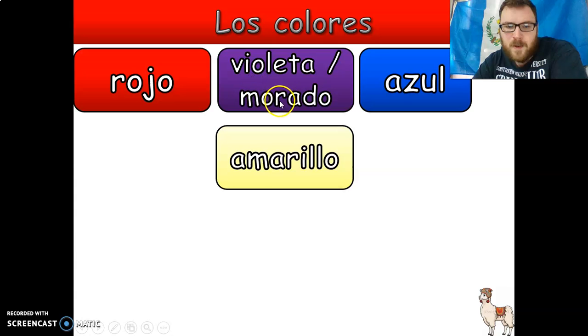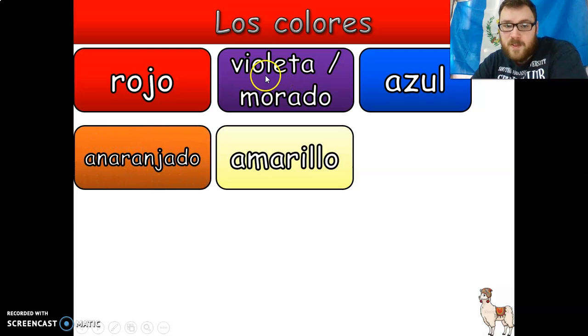Now this comes from the word mora. Mora is a kind of berry, like a blackberry. If you squeeze a blackberry, it has purple juice like that. So it's from the color of a mora, the color of a blackberry, which is usually a kind of purple. Anyway, violeta or morado, both are okay. I like using morado. The book uses violeta though.